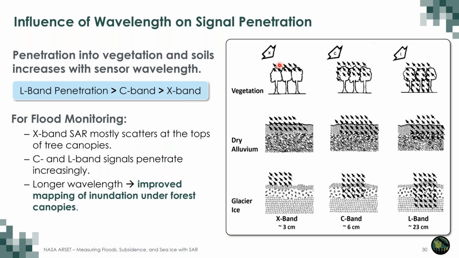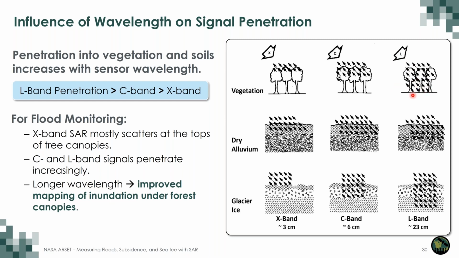So if we take a tree stand and we observe this tree stand at, say, 3 different wavelengths, such as X band, C band, and L band, you can see in the sketch here that the longer the wavelength becomes, so we go from 3 centimeters at X band to 5 centimeters at C band, to about 24 centimeters at L band, the higher the penetration into that vegetation cover becomes.